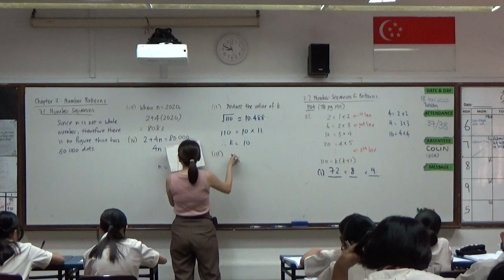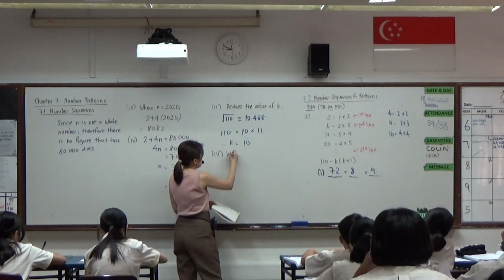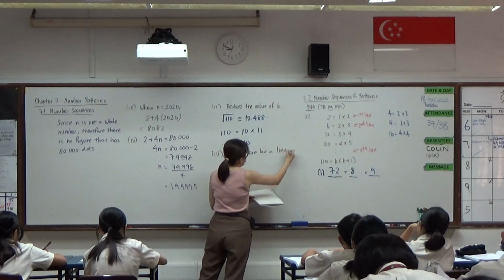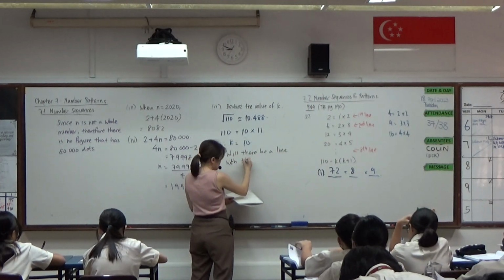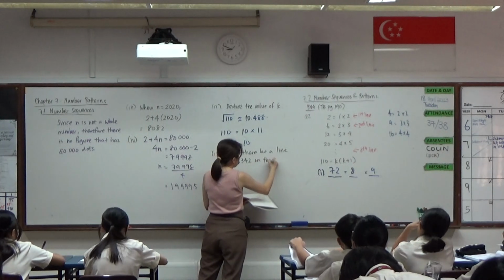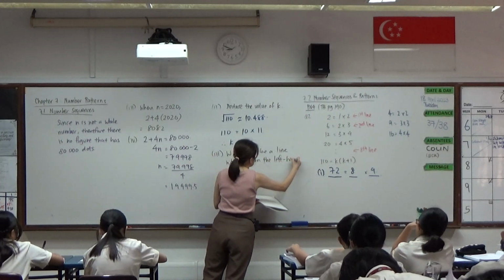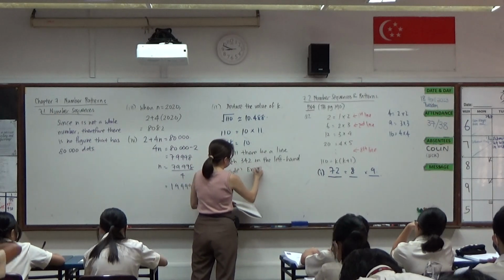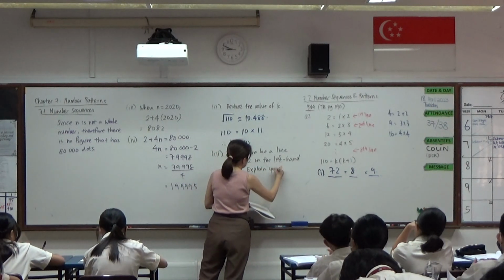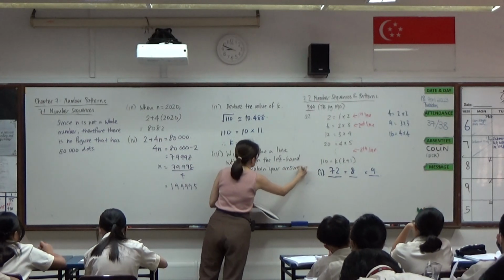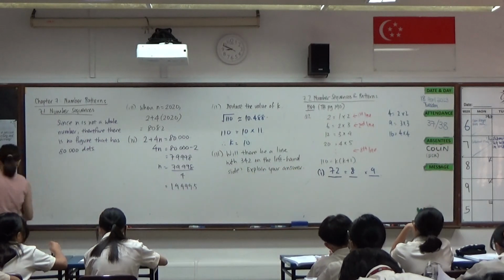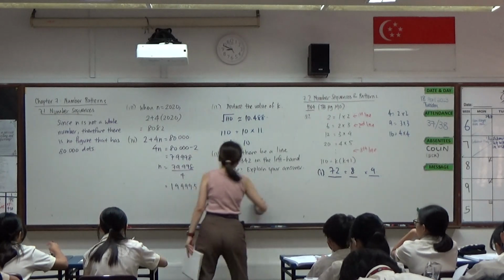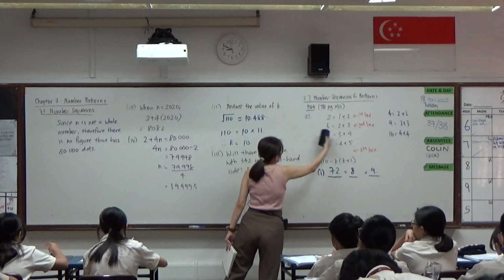Then in part 3, again the question is asking, will there be a line with 342 on the left hand side? Explain your answer. So we are looking at the left hand side of the equal sign.